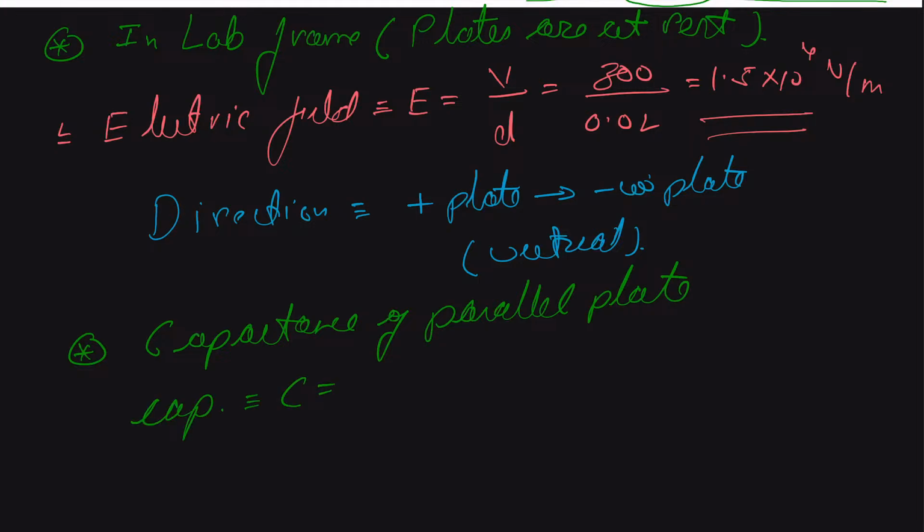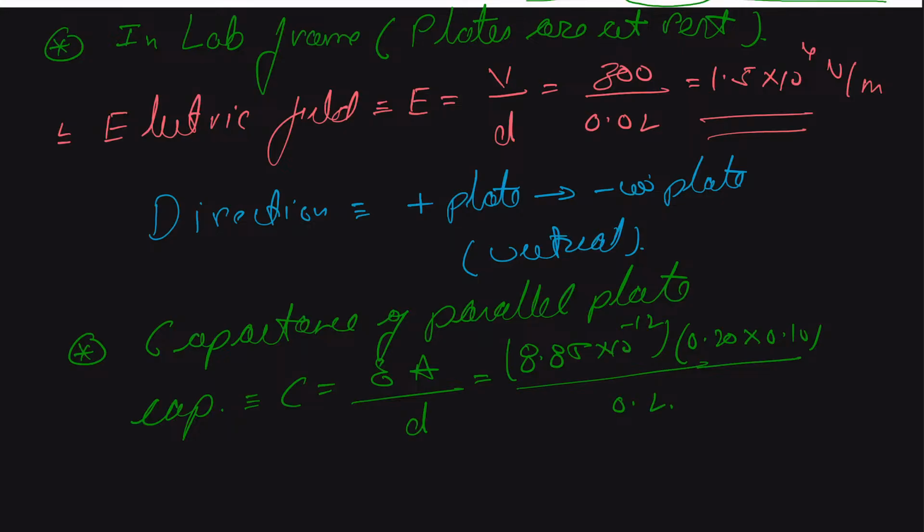The capacitance C is epsilon naught A upon D, where epsilon naught is 8.85 times 10 to the power minus 12, and A is the area, which is the product of the dimensions, 0.2 multiplied by 0.1, and D is the distance, which is 0.02.